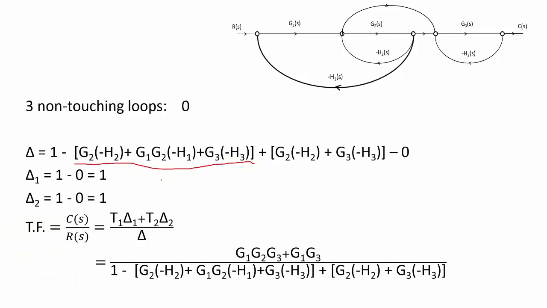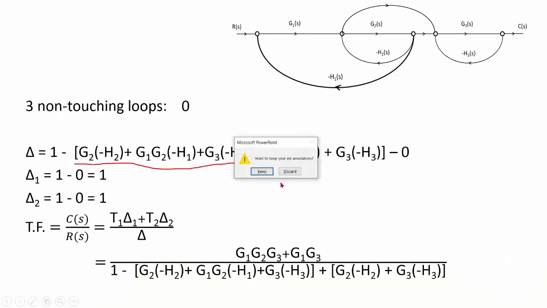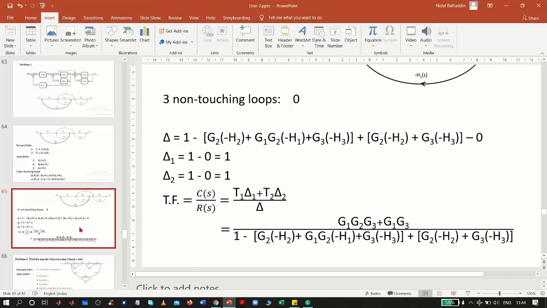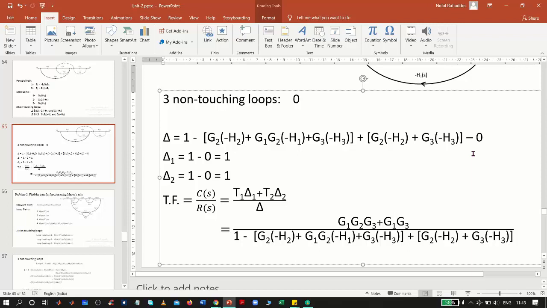Then I will identify the pairs of two non-touching loops. I identified L1 and L3 as one pair, and the second is L2 and L3. Now I am going to multiply their gains, which means the gain of L1 and L3 will be multiplied and summed with the gain product of L2 and L3. Since I missed it previously, this should have one more.